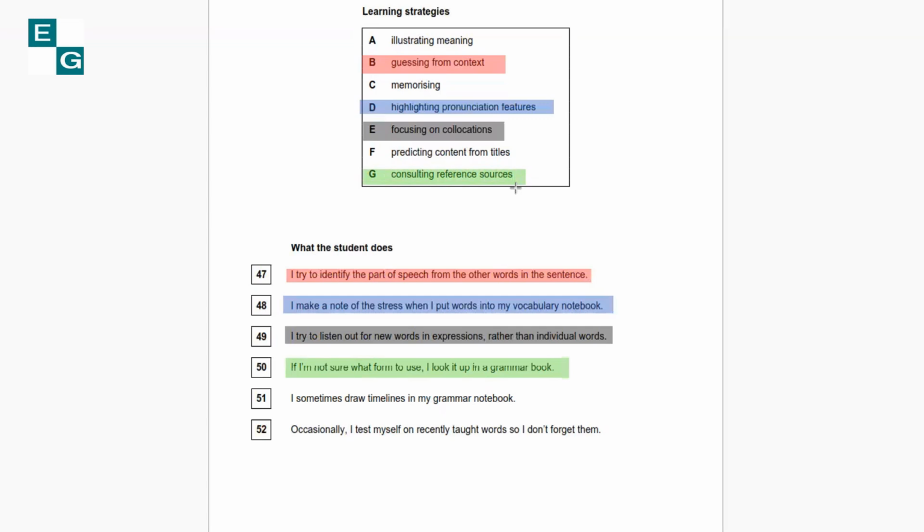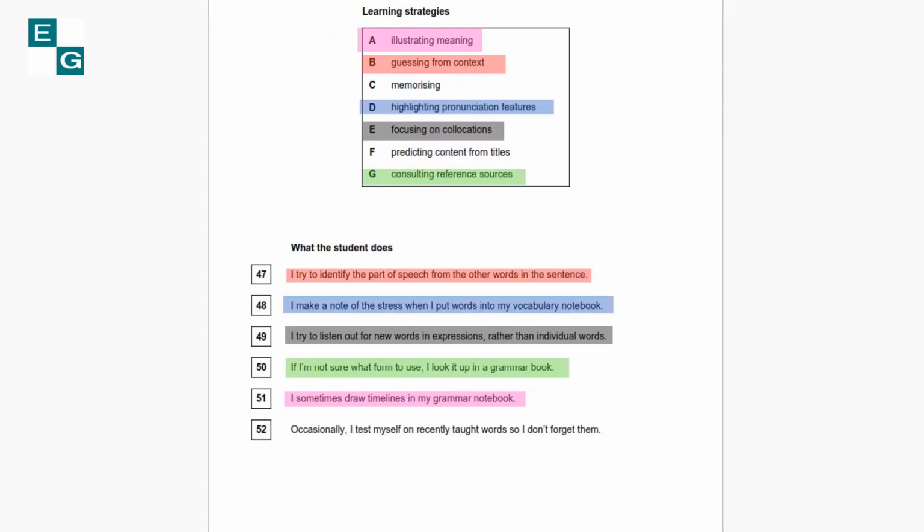Then, if the student says, I sometimes draw timelines in my grammar notebook. The student would be illustrating meaning. So by drawing things, they can retain information much better.